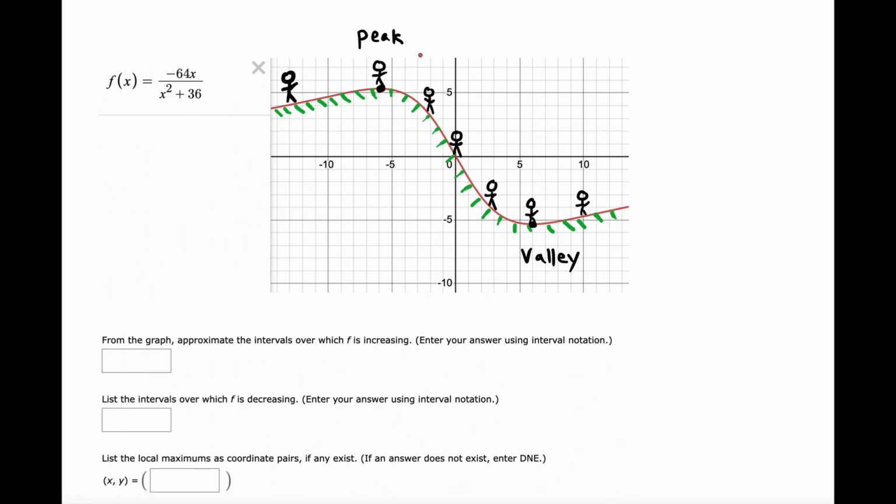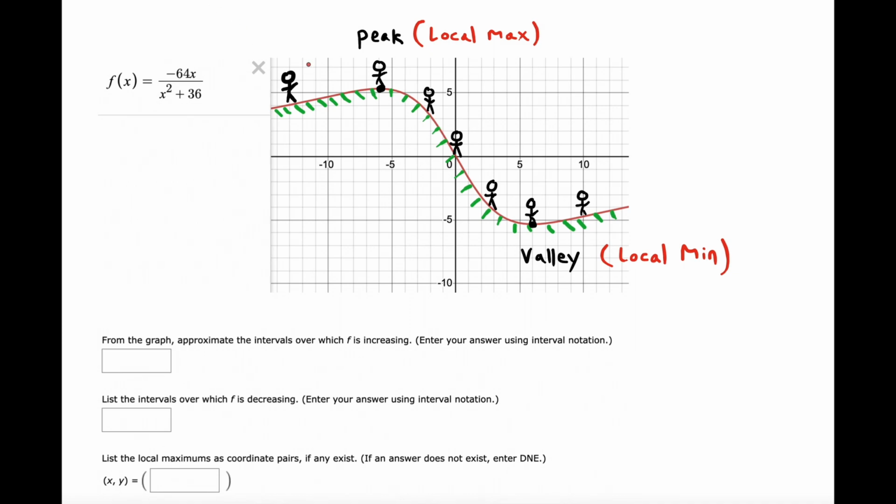In math, the peaks have a technical term called local max, and the valleys are called local mins. It's good to identify the peaks and valleys because when we talk about intervals of increase, we're going from a low point to high. And when we're talking about an interval of decrease, we're going from a high point to a low point.